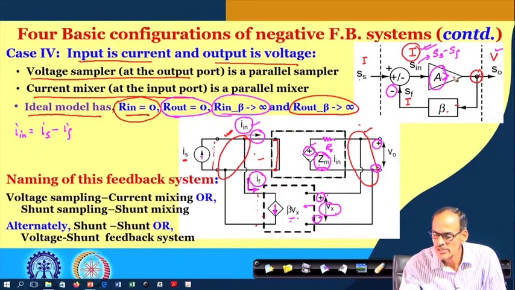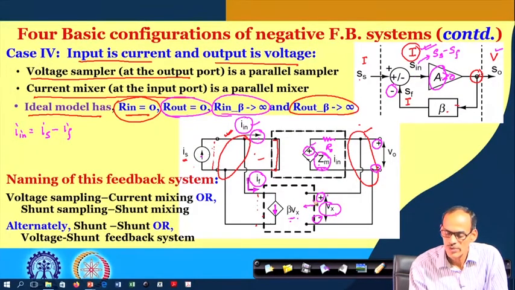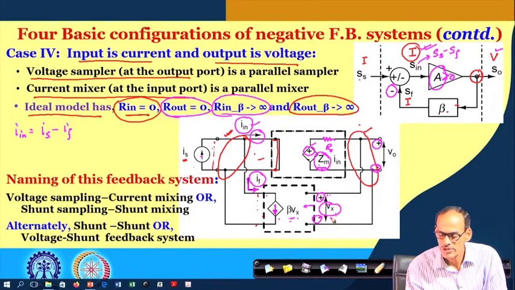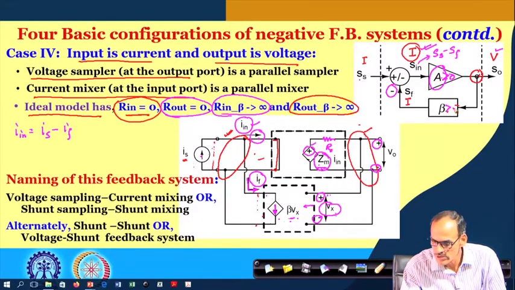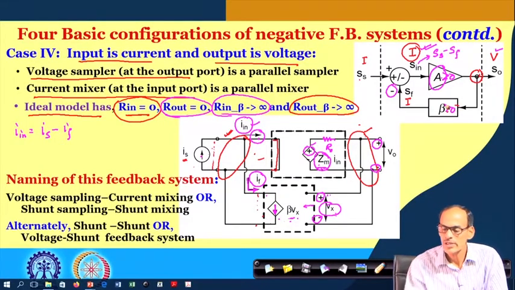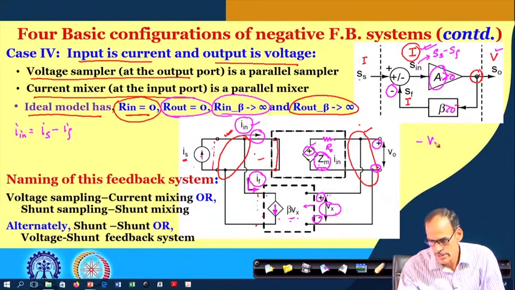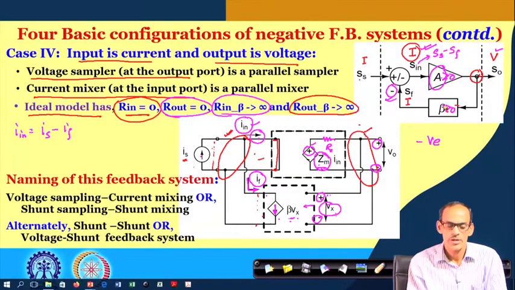So, that means this A is positive. Likewise here also output current and input voltage are consistent for the positive sign. So, the beta is also positive. So, that makes this again a negative feedback system because of this minus sign, and both are positive.